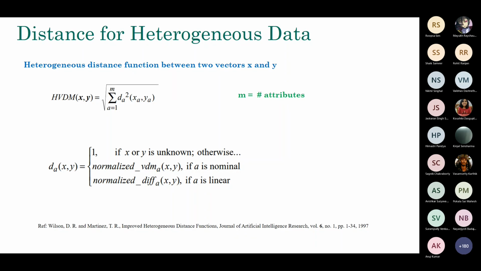If it is a nominal attribute, then you can use the previous definition in the previous slide to compute the value. And if it is a linear attribute, or numerical attribute which you can order, then basically you can use the normalized difference like this, the absolute difference normalized by the values. So this is the kind of thing that you could do when you have heterogeneous data with heterogeneous features.